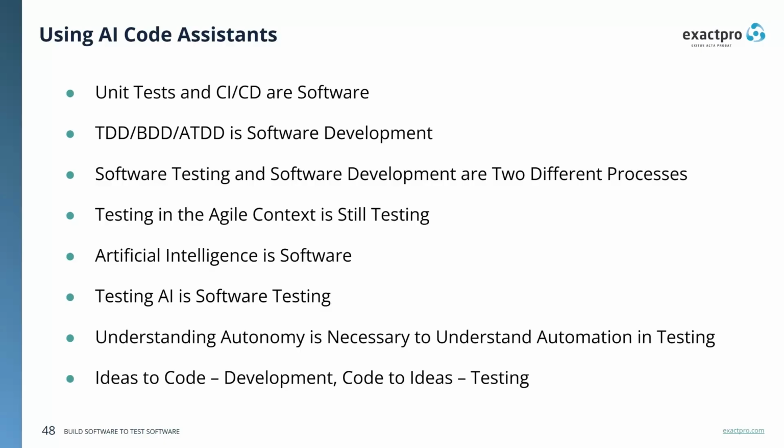If something, move data there; if not something, do not move data there. So CI/CD is just running code. When we ask an AI code assistant to generate CI/CD for us or make changes, what we are essentially doing is developing software.